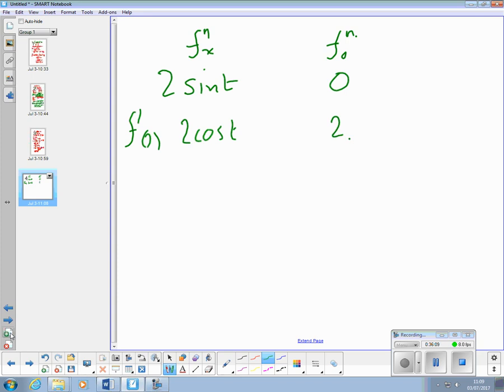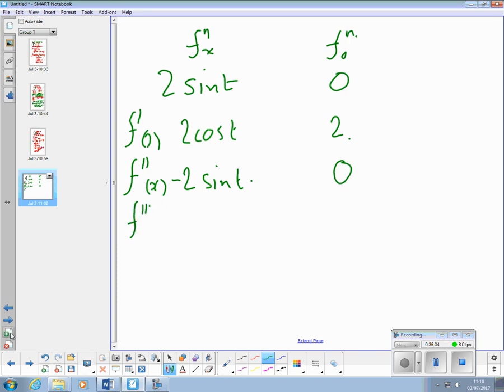The second differential is minus 2 sine t. Sine of 0 is nothing, so that's 0.